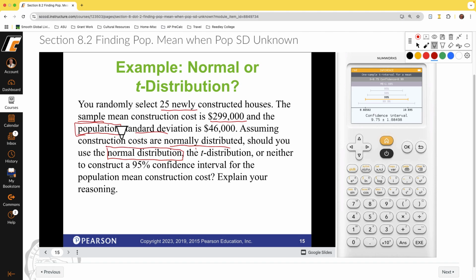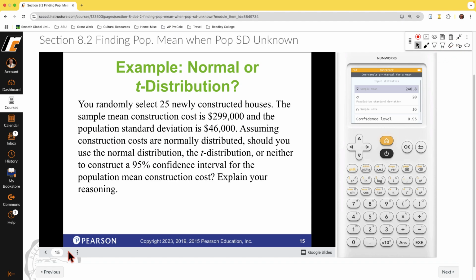Because again, on our calculator, if we're doing the t-distribution, which is this one, there is no place to put the population standard deviation. It's only a place for the sample. If we keep going back and we go to the z interval, that's the place where we can put in the population standard deviation. That's pretty much it. And that's the last slide.